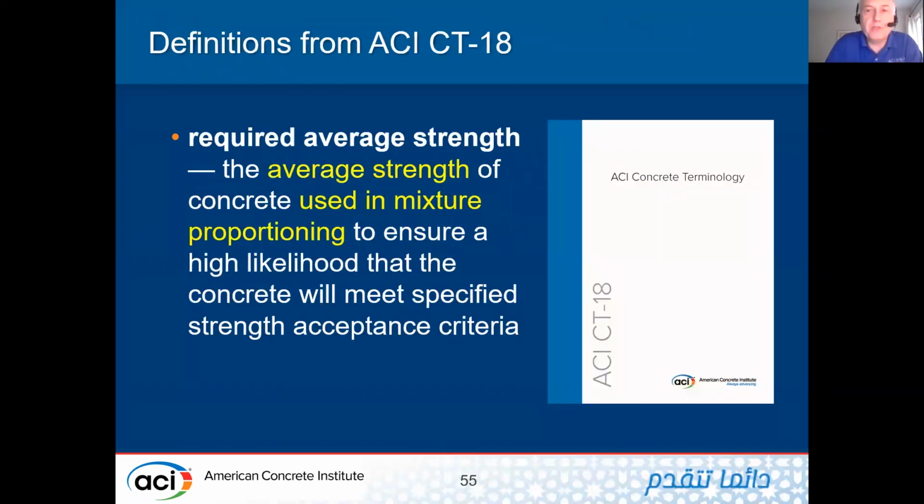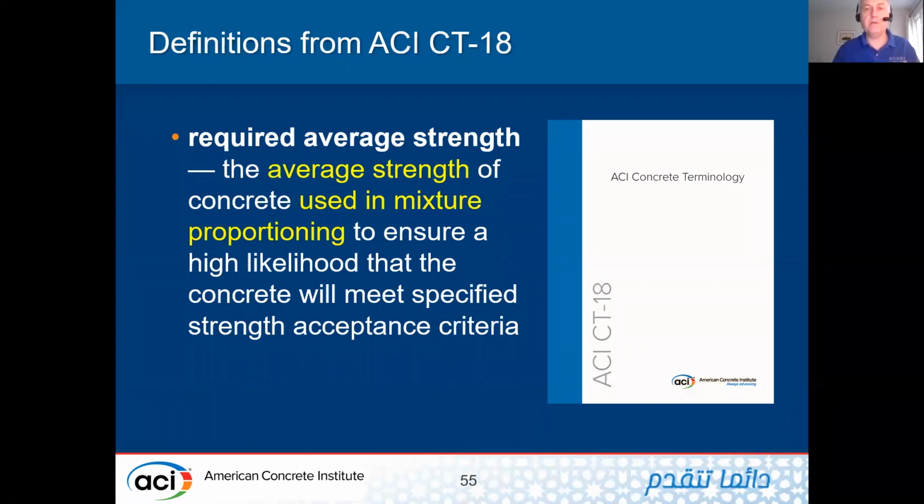So we go back to our ACI concrete terminology, and we find that the required average strength is the average strength of concrete used in mixture proportioning, okay? Mixture proportioning, to ensure a high likelihood that the concrete will meet specified strength acceptance criteria. Okay.